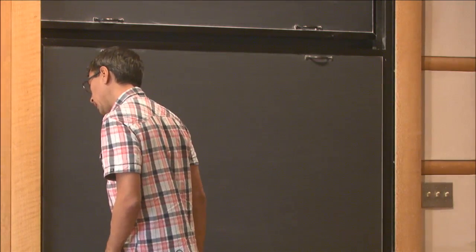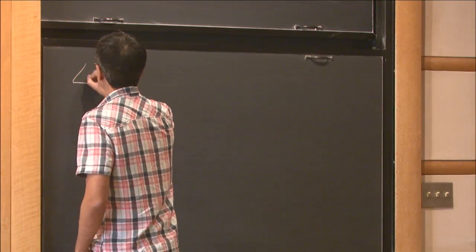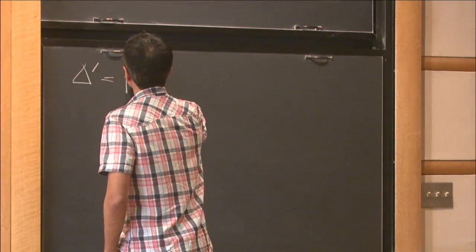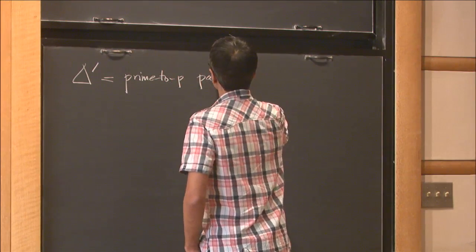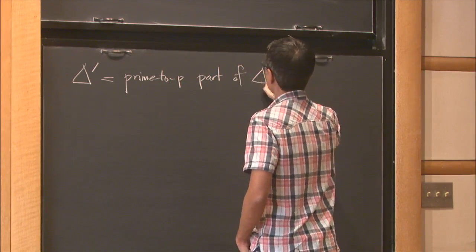OK, so let delta prime be the prime to p part of delta.